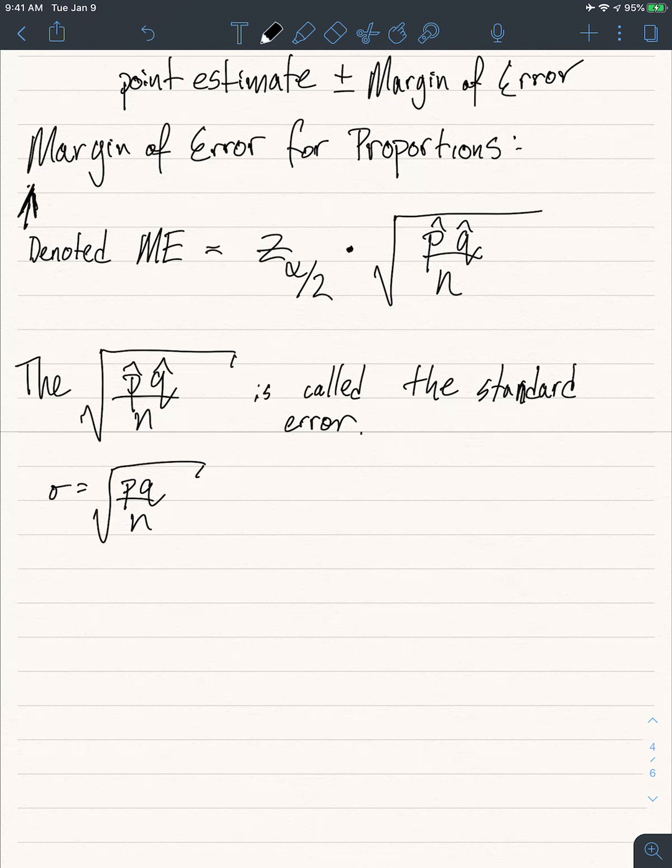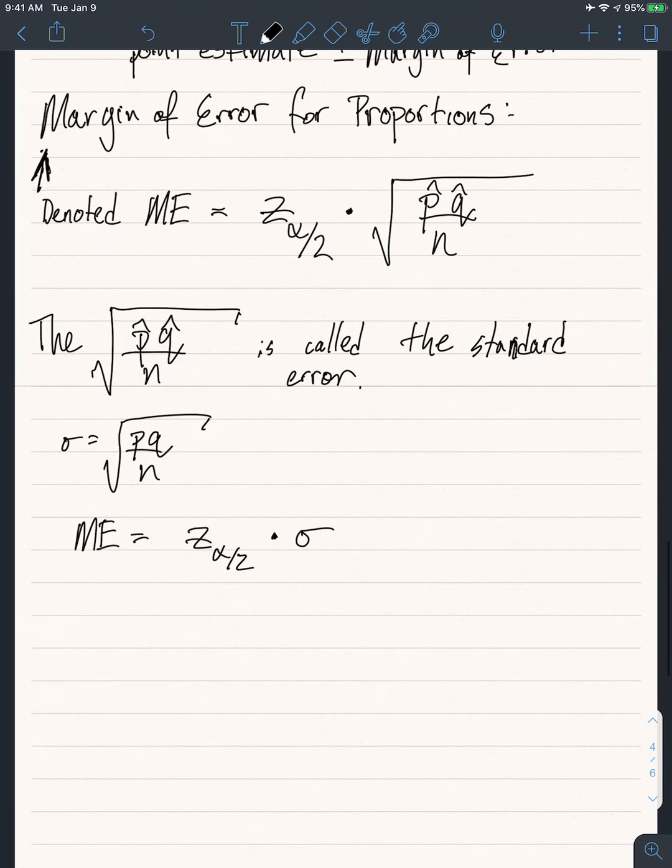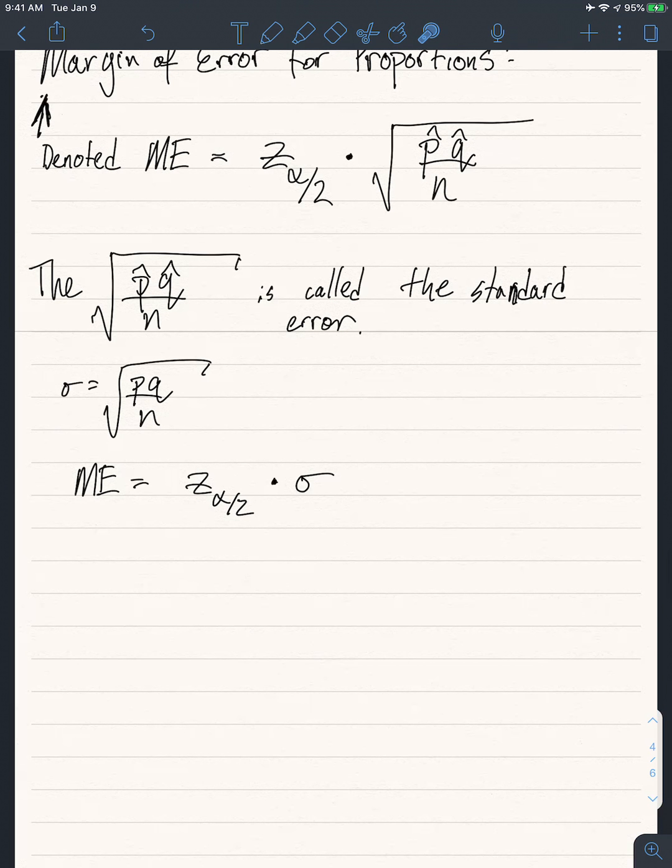A lot of times, and it might be bad math, you'll see me write the margin of error as Z sub alpha over 2 times a standard deviation. That's me being lazy, not writing the square root. It's actually probably bad notation, but I got into the habit because it's so much like the standard deviation for proportions from last class.